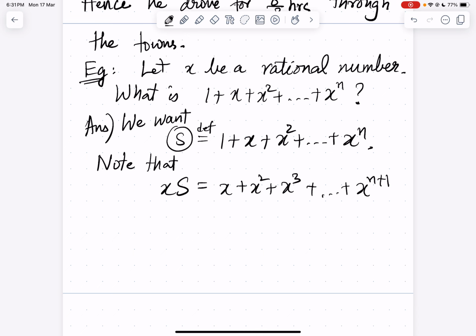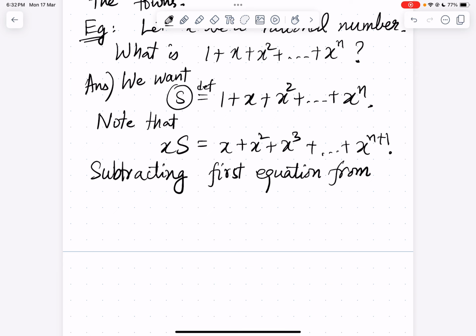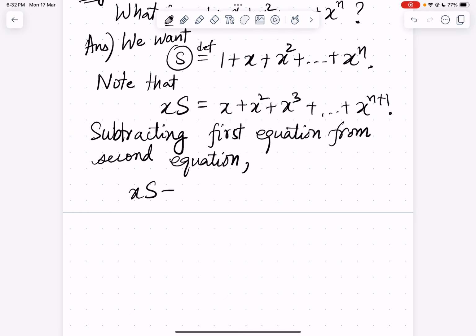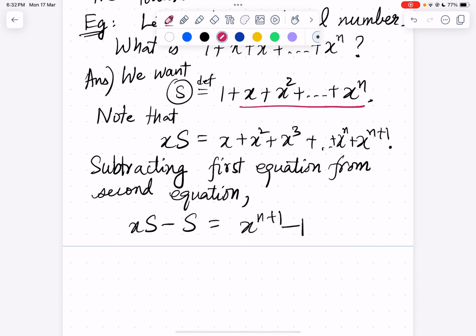Now subtracting the first equation from the second equation, these terms sort of match, and on the right hand side we get x power n plus 1 minus 1, and the left hand side we get xs minus s.